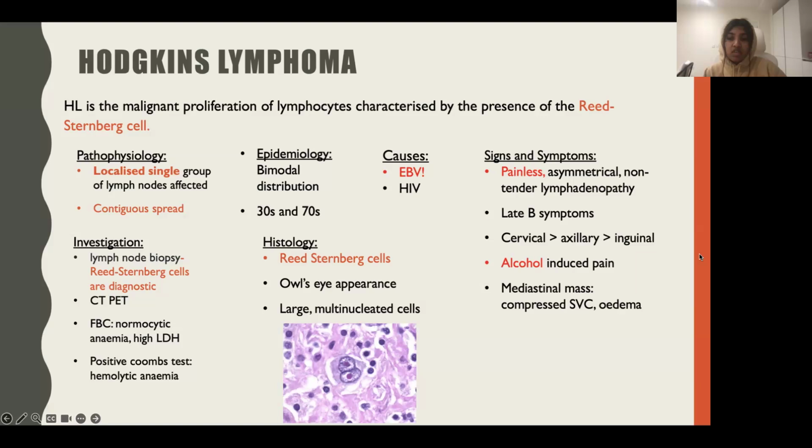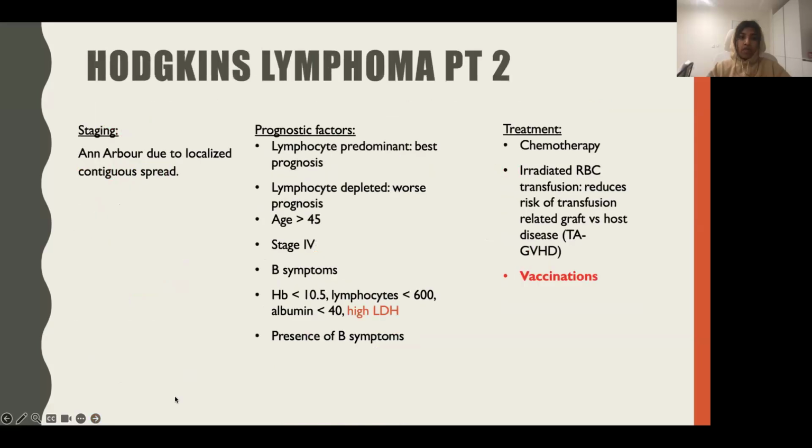You get cervical, axillary, and inguinal lymphadenopathy, alcohol-induced pain, and you can get a mediastinal mass that can compress your SVC, your superior vena cava, and then cause edema. Staging is Ann Arbor staging, which is also important to remember.